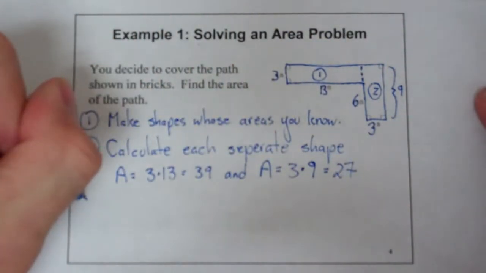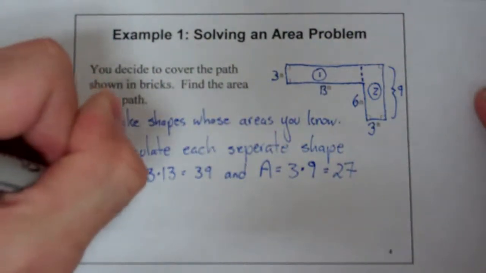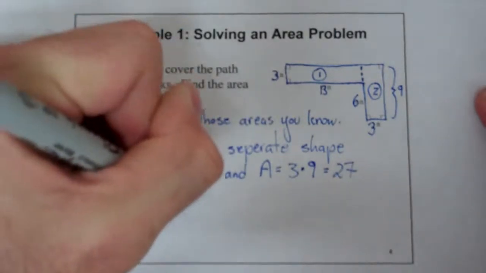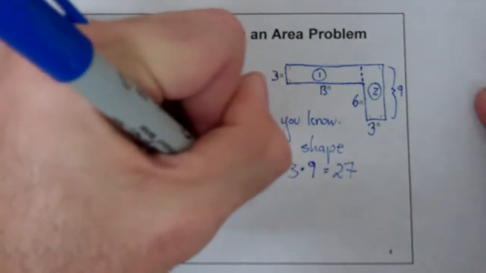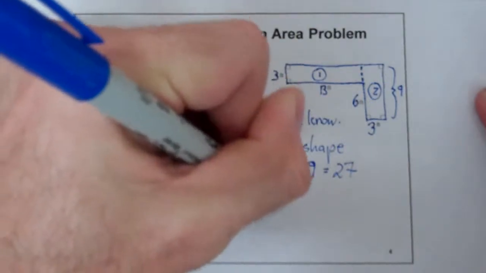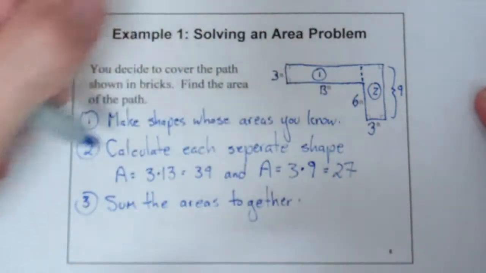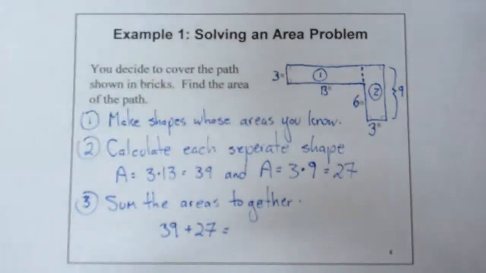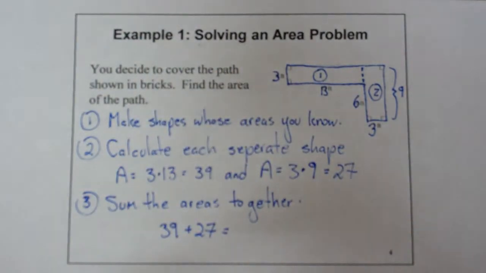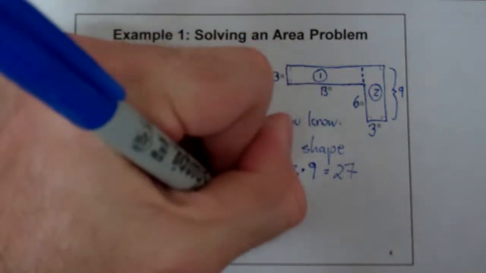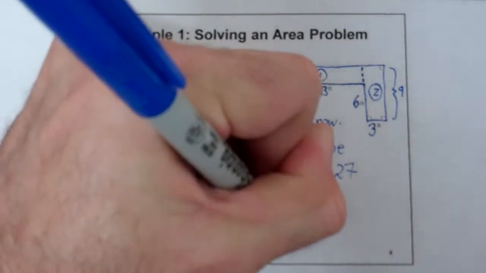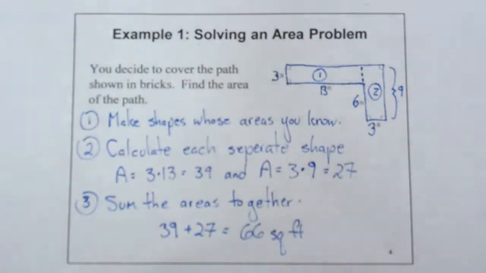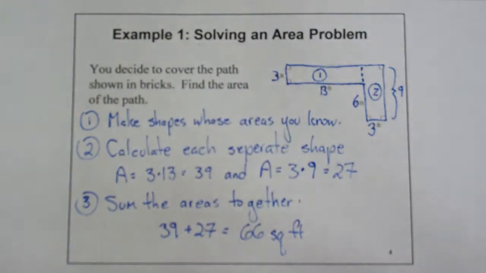So it's going to be 3 times 9 is 27. And then once you've done that, you're going to sum the areas together. And so 39 plus 27 is, I could have done that in my head, but 66 square feet, because all of the measurements were in feet.